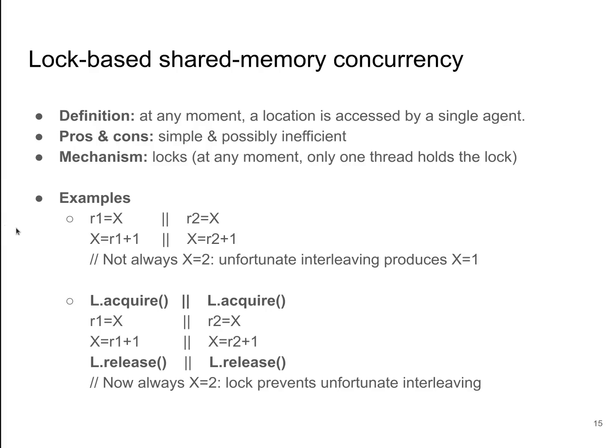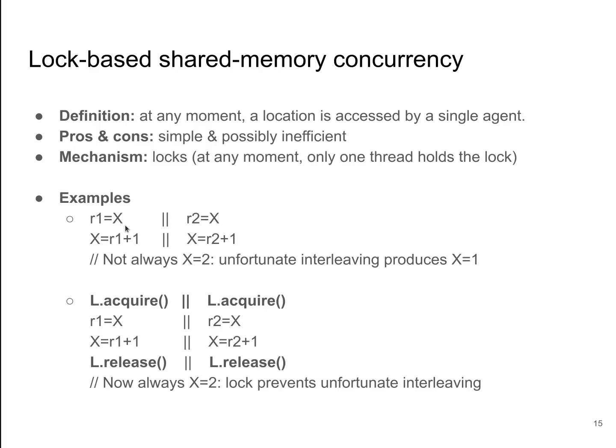So here's an example. Let's say that these are two threads, and this double bar means thread separation. There are left threads and right threads. Let's assume that the big letters are shared memory locations from now on, and the small letters will be registers, agent-local or thread-local registers.